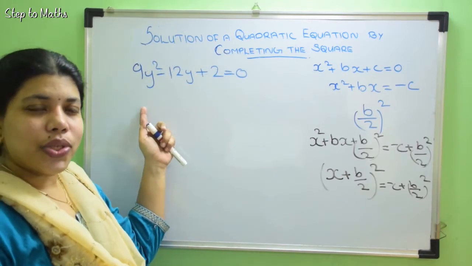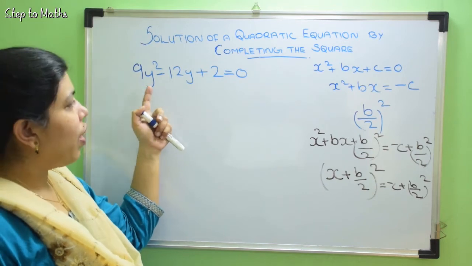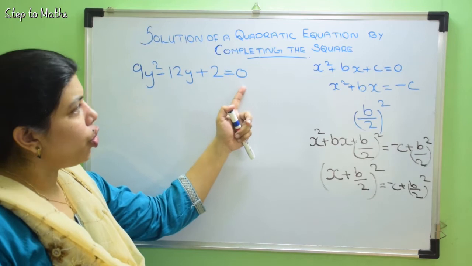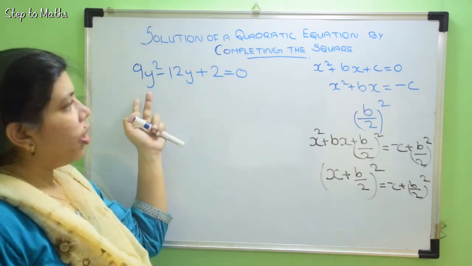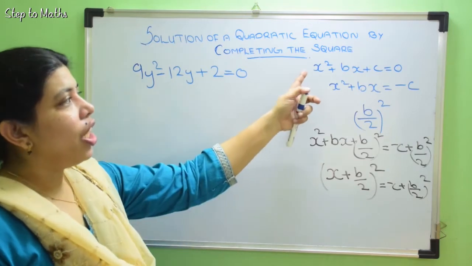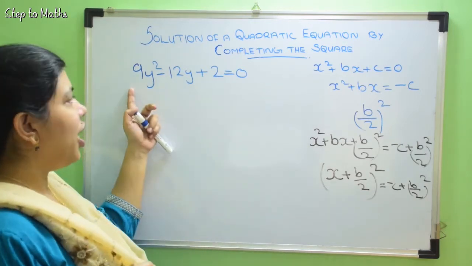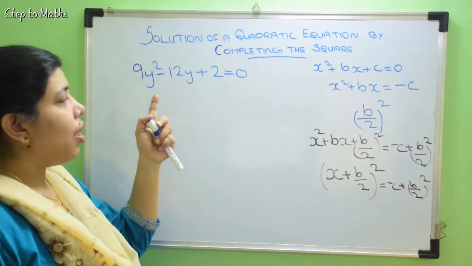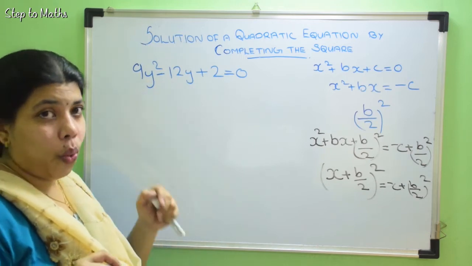Consider this question: find the root of 9y square minus 12y plus 2 is equal to 0 using the completing the square method. In the previous cases, the coefficient of x square is 1. But here the variable is y and the coefficient of y square is not equal to 1.